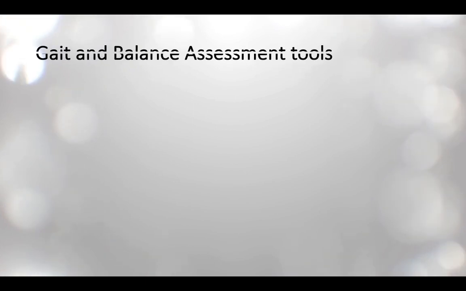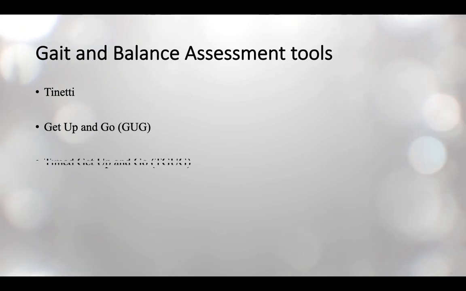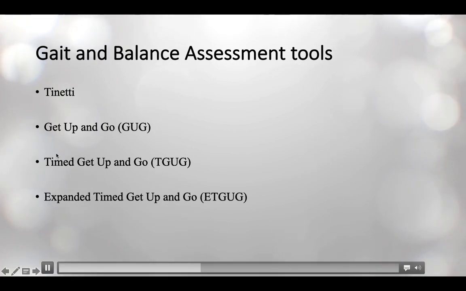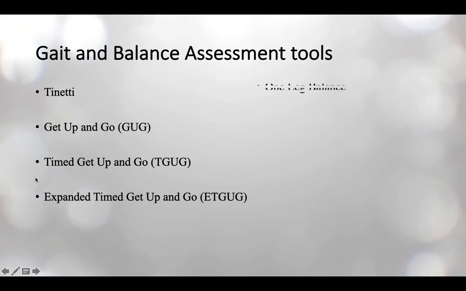If I talk about the balance assessment, there are so many important tools. TINETTI, get up and go, timed get up and go, which is a modified version of get up and go only, and expanded timed get up and go. So this is get up and go, this is timed get up and go, and this is expanded timed get up and go, which is a modification of it.